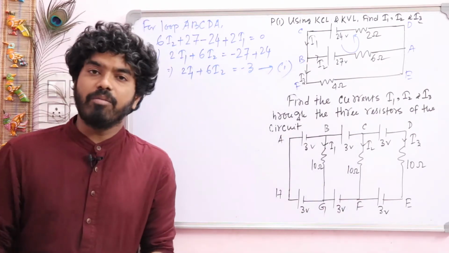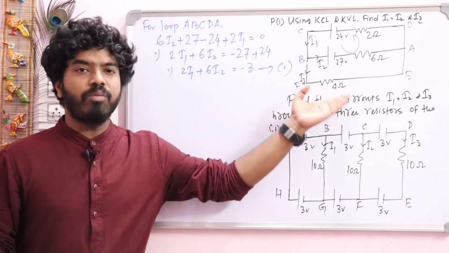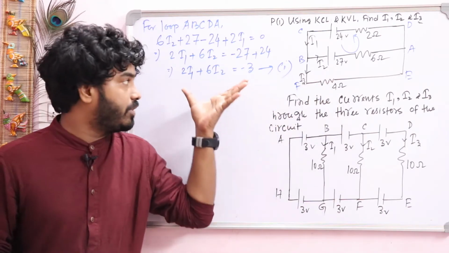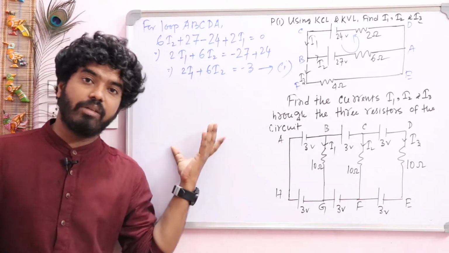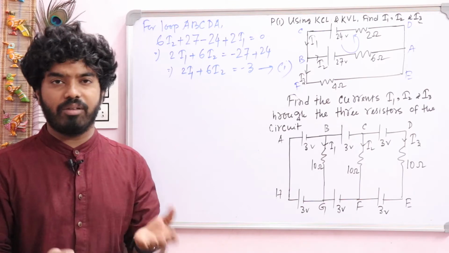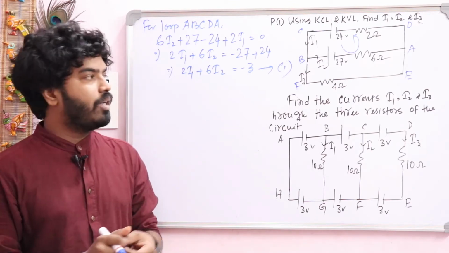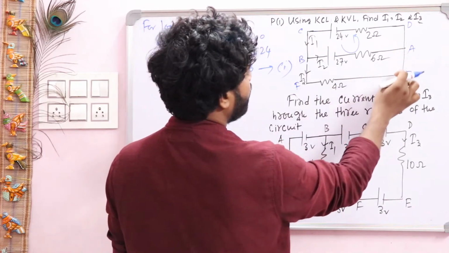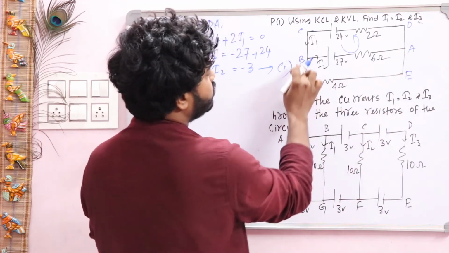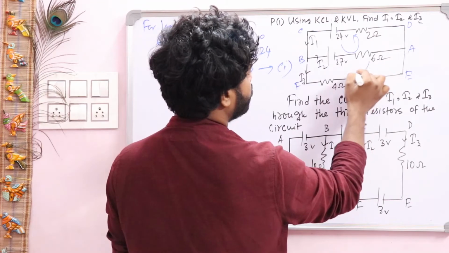Okay, in same way you use another loop and you find another equation, then you solve this equation with that equation, then you can easily find out the value of I1, I2 and I3. Okay, consider it. Suppose I am considering this one, A, E, F, B, A, in this way.